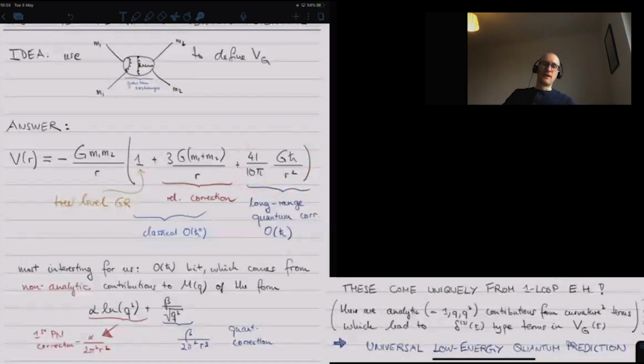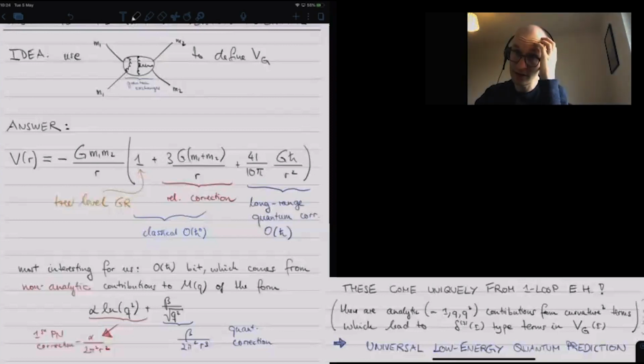Now, that's the only really concrete calculation that I want to go over. There are obviously other calculations that you can do using gravity as an effective field theory. One very famous one being this famous calculation of Hawking himself, who calculated the radiance of a black hole using essentially GR as an effective field theory.